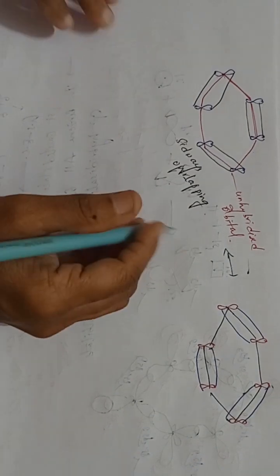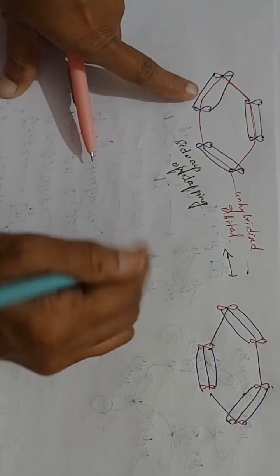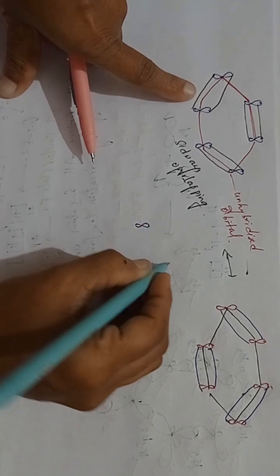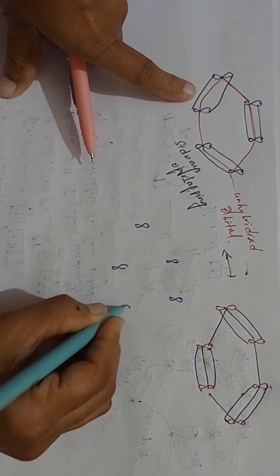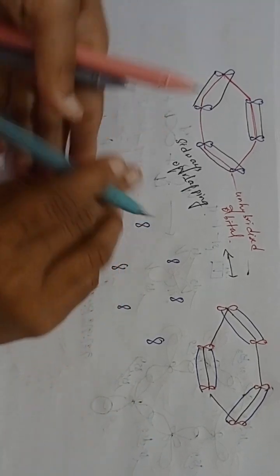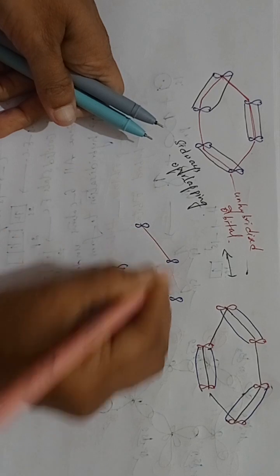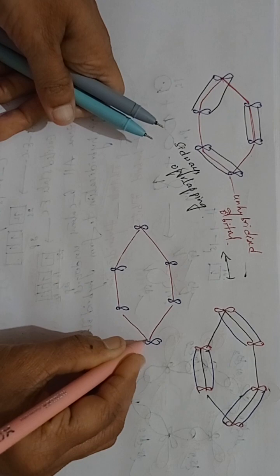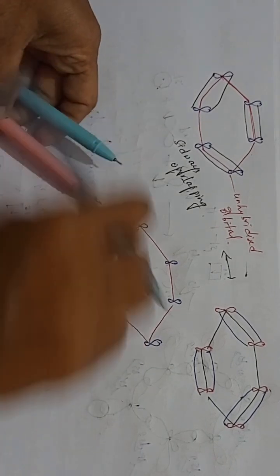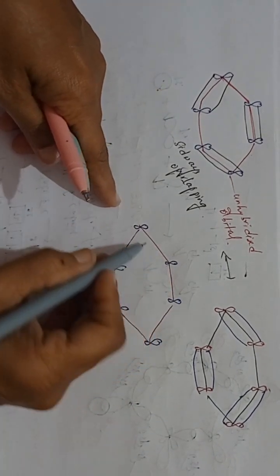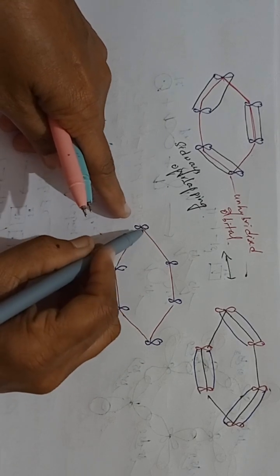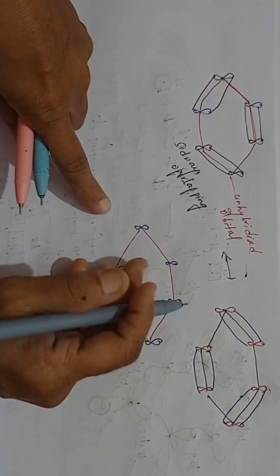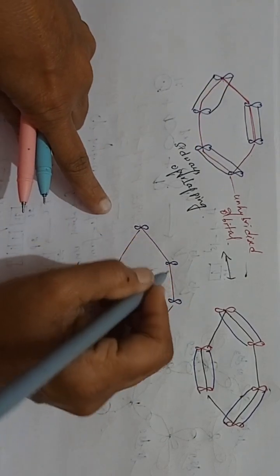See here the final structure. Here we take the 6 carbon atoms, with unhybridized orbitals like this. This is the sigma bond. These unhybridized orbitals, the pi electrons, form the pi bond by sidewise overlapping. This pi electronic cloud is formed above and below the plane of the ring.